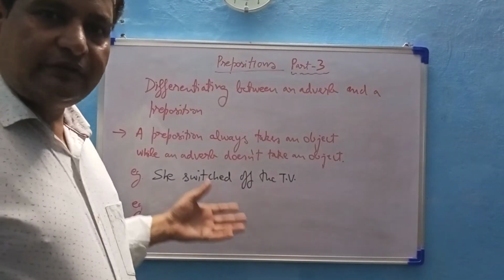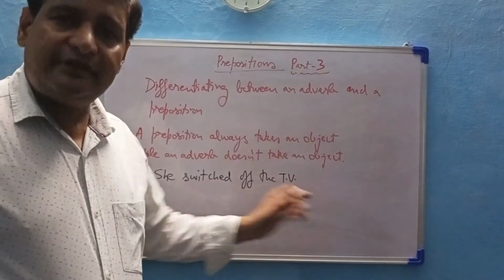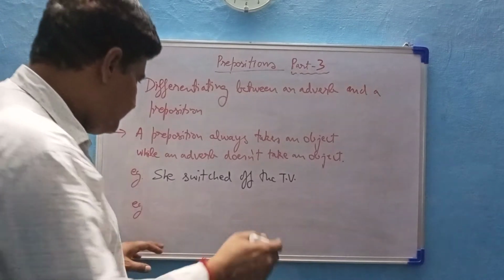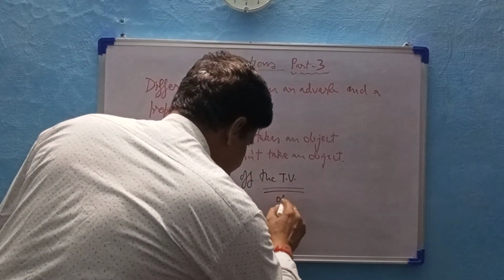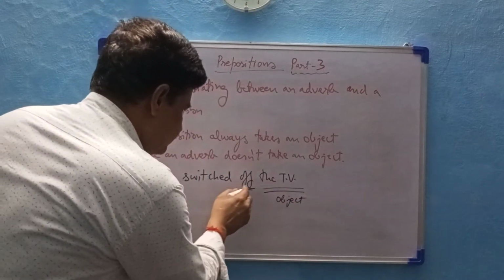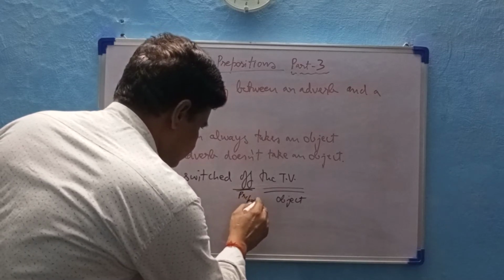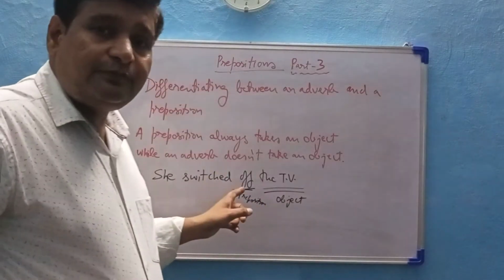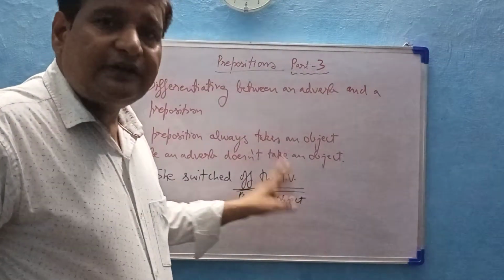Now let us see some more examples. She switched off the TV. Here, the TV is the object, and off is the preposition. Off is a preposition because here an object is present.